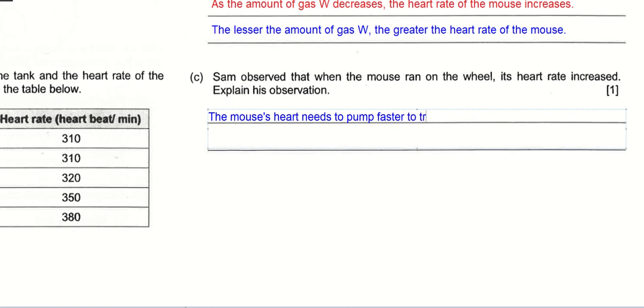To transport blood containing oxygen and digested food.